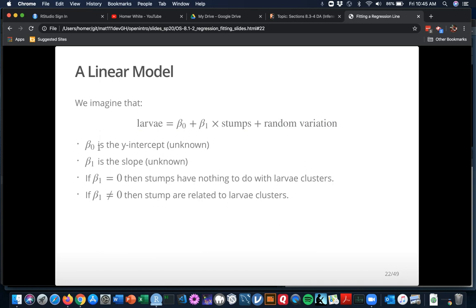The beta naught is the intercept, and we don't know what it really is. The beta 1 is the slope, and we don't know what it is.